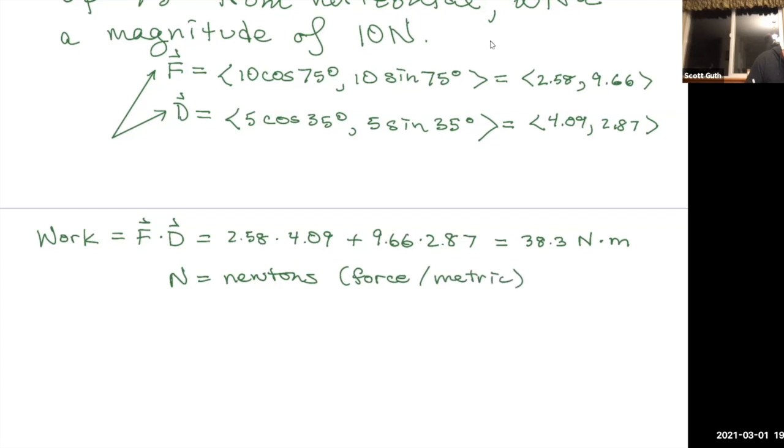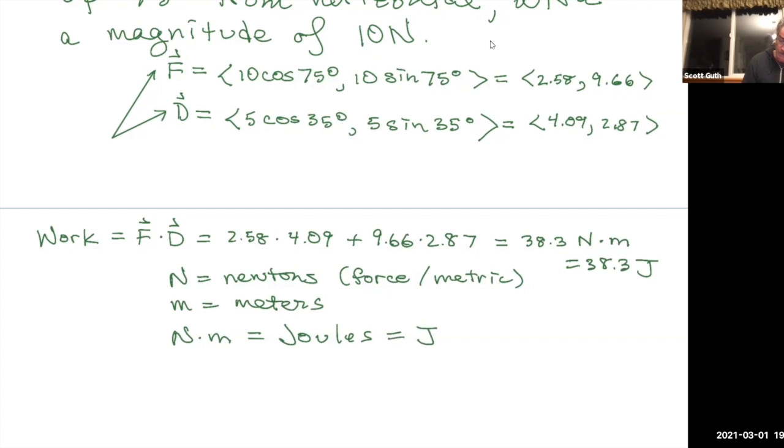And then M, of course, is meters. And then Newton meters is joules. So this is 38.3 joules. We just use a capital J. Okay, any questions about that?